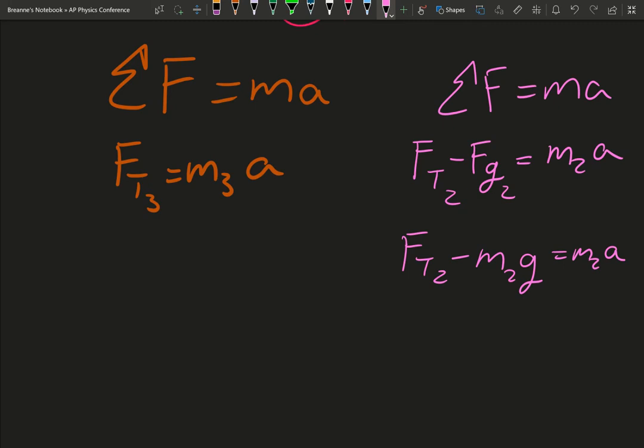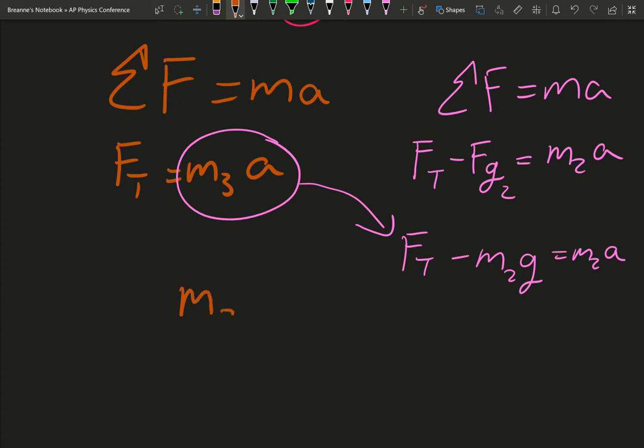Remember, these forces of tension are the same, so we can plug this into there. So we get m3a minus m2g equals m2a.